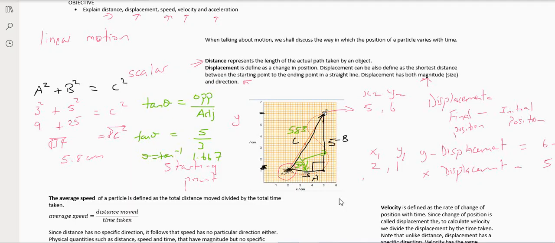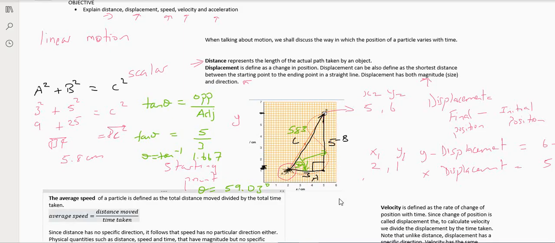So tan inverse, shift tan on your calculators, gives us an angle of about 59.03 degrees. So this is our angle, right? We can use this method to find all that information. All right, so that's that on displacement.